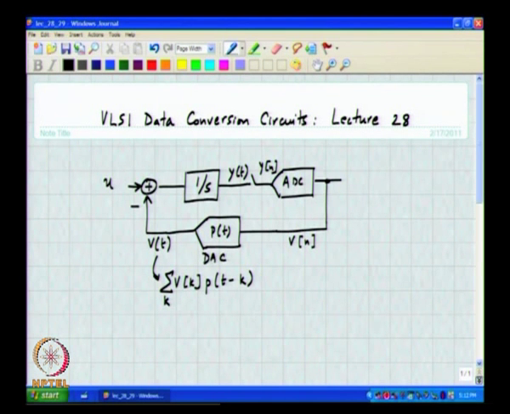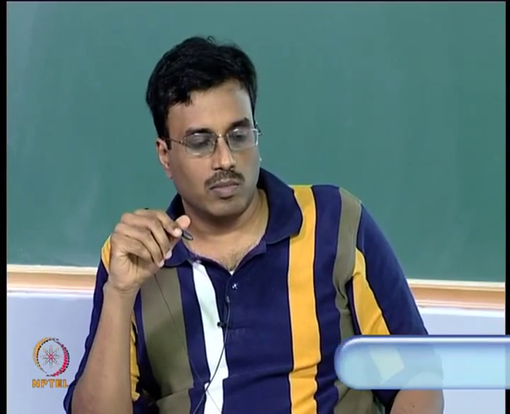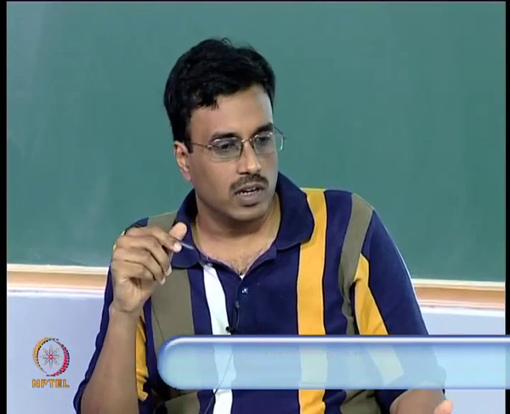So, this was a system we were examining towards the end of the last class, where the basic idea is to make a continuous time filter mimic the behavior of a discrete time loop filter.